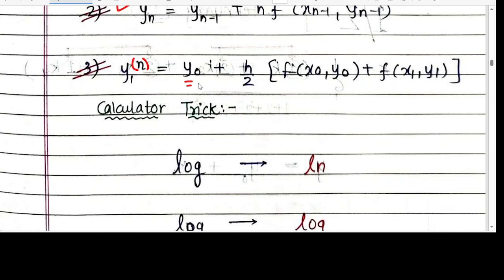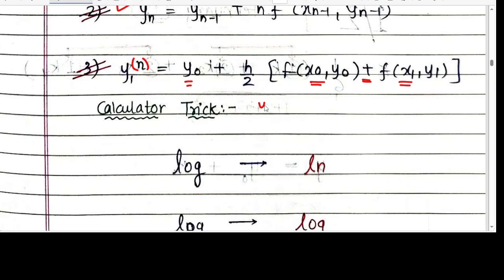So y0, which is the initial value, plus h by 2, and here we are going to write the sum of the slopes. Slope at x0, y0, and slope at x1, y1, we are going to add it, right? So the formula is y0 plus h by 2 f of x0 comma y0 plus f of x1 comma y1.